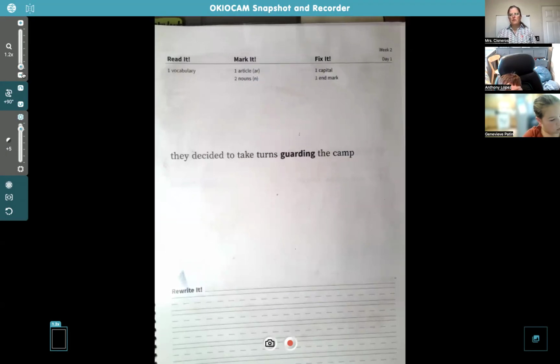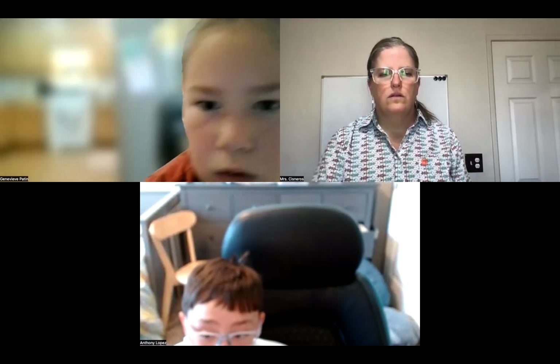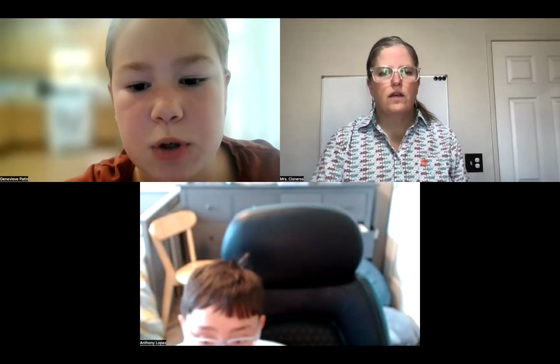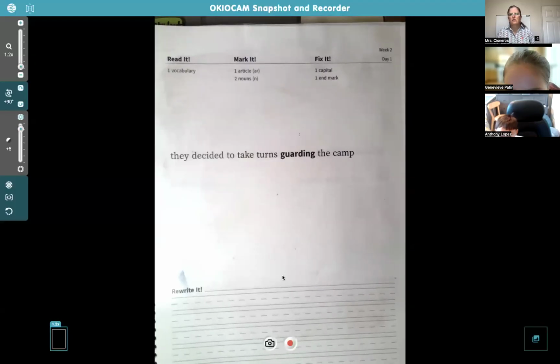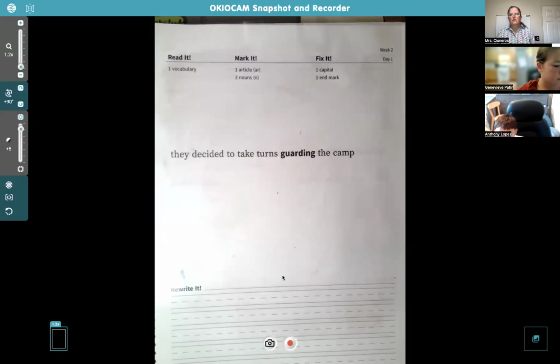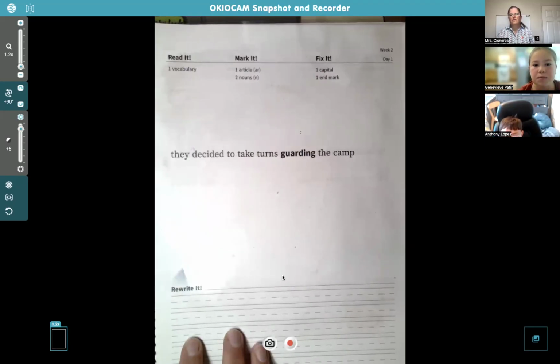It should be from an email that I sent out yesterday. So if you don't have it, your mom might need to check the email again. Oh, sorry. Okay, let me share it again. Talking about they decided to take turns guarding the camp. Did you find it? My mom's printing it right now. Oh, okay, cool. Okay, perfect.